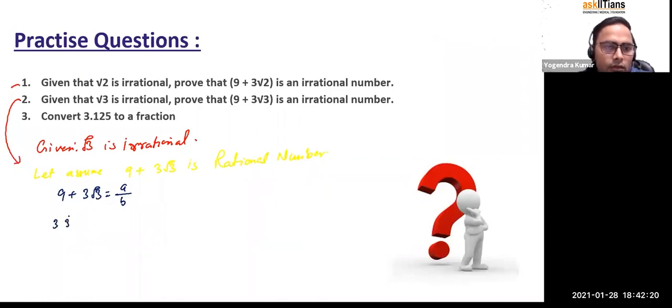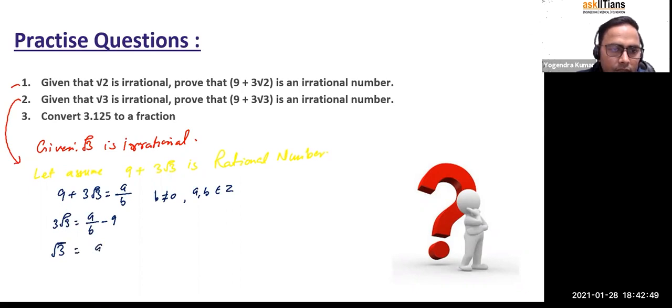Now 3 root 3, and a and b belong to integers, Z. I'm writing in short like this, but you can write the full statement. So 3 root 3 equals a by b minus 9. So we can write root 3 to be a minus 9b divided by 3.